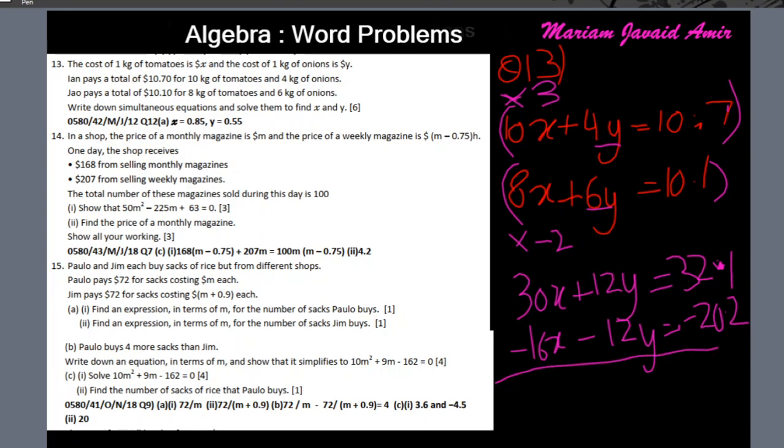Alright, now add these and we'll get 30 minus 16 is 14x plus 0 equals 32.1 minus 20.2, which is 11.9.